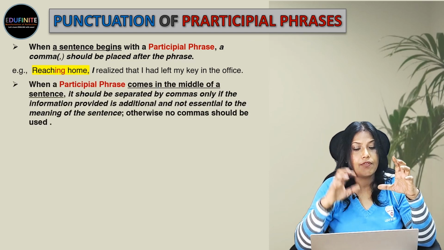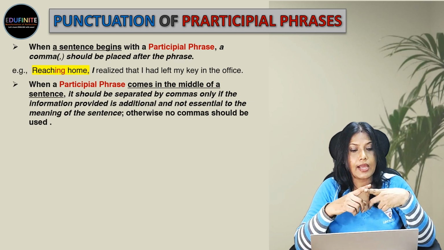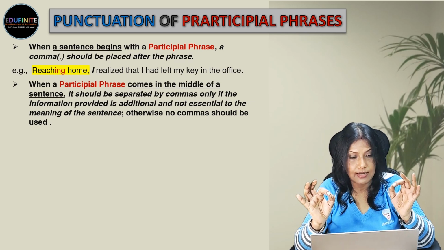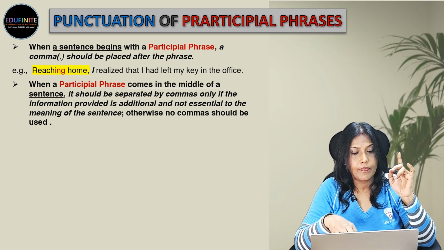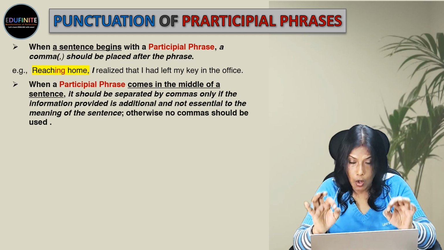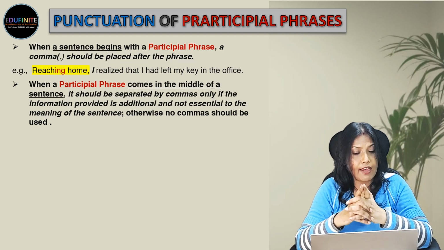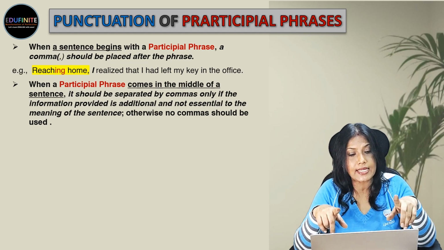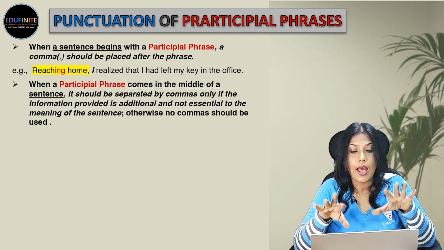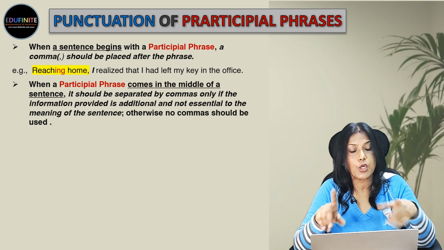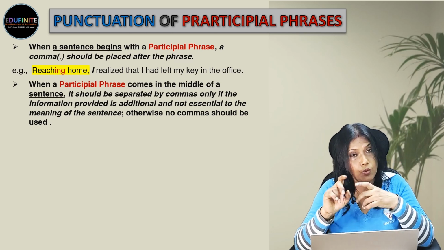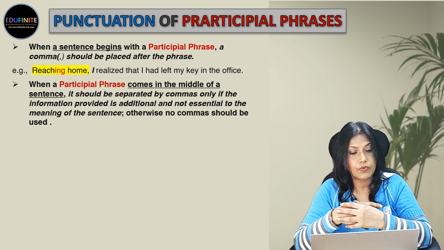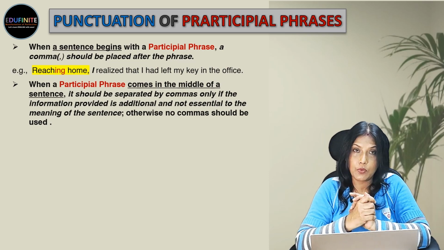Next we have when a participle phrase comes in the middle of a sentence. It should be separated by a comma only if the information provided by it is additional and not essential to the meaning of the sentence. Otherwise, no comma should be used.